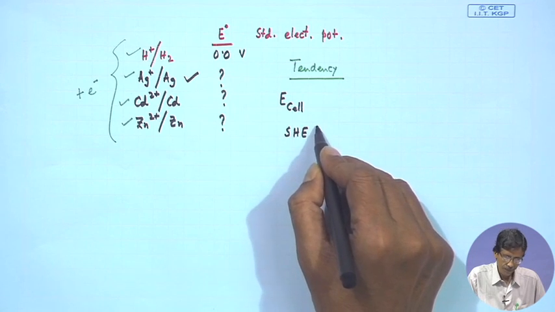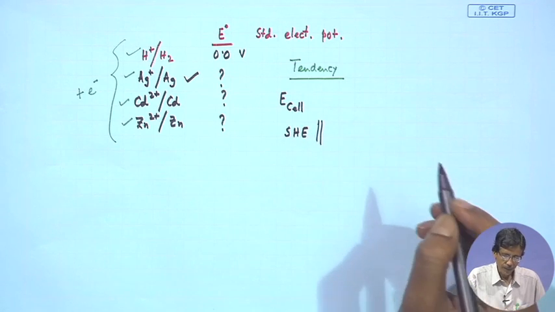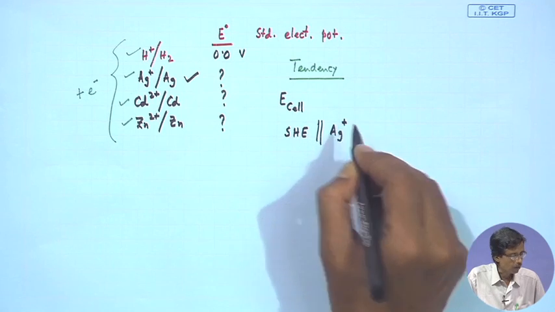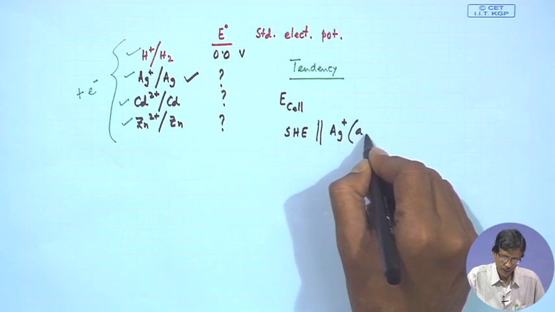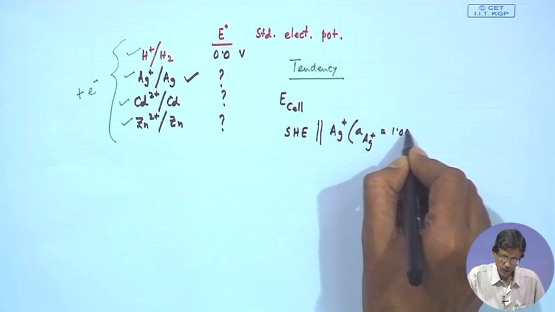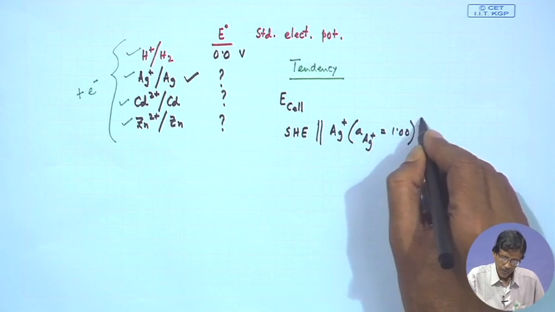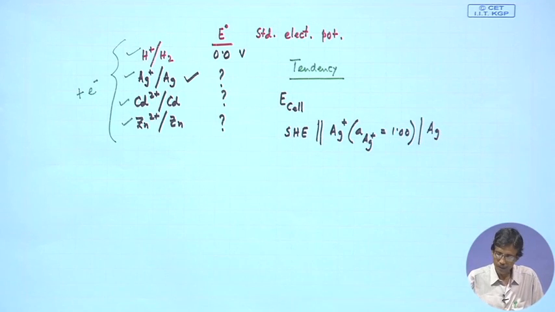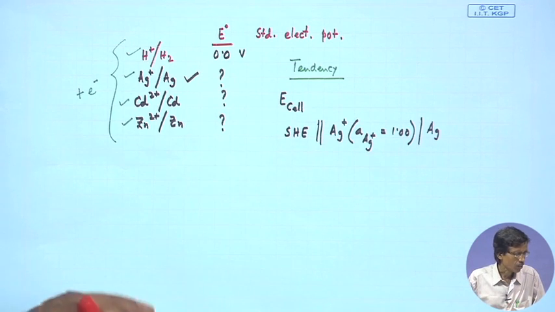If we attach, that means this is the junction potential with that of our silver ion concentration, where the activity of silver ion will be equal to 1.00 or 1, and with silver. So, silver is dipped into the silver ion solution, and if we connect these, we get the corresponding potential.